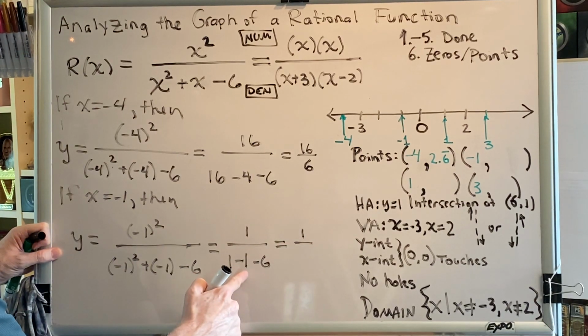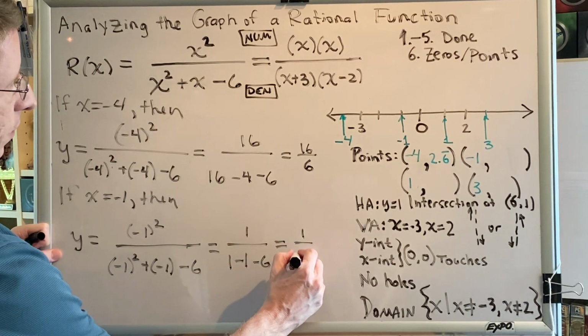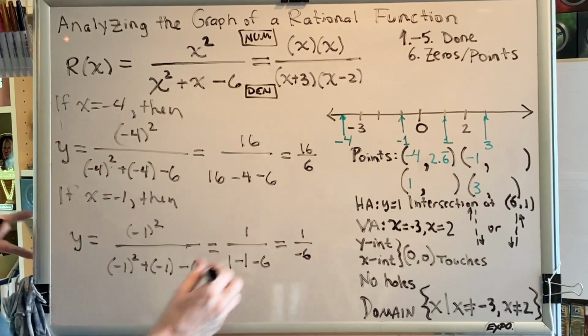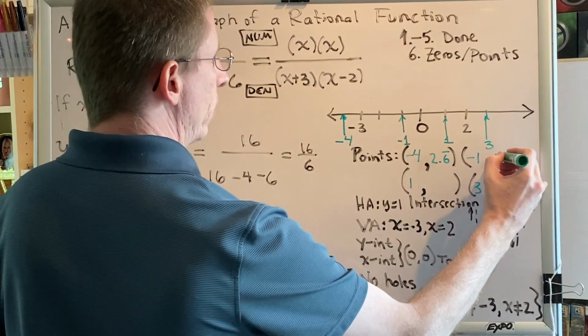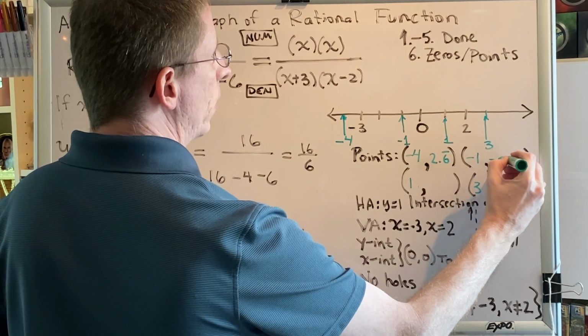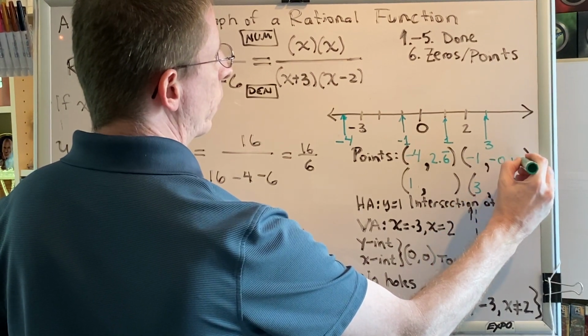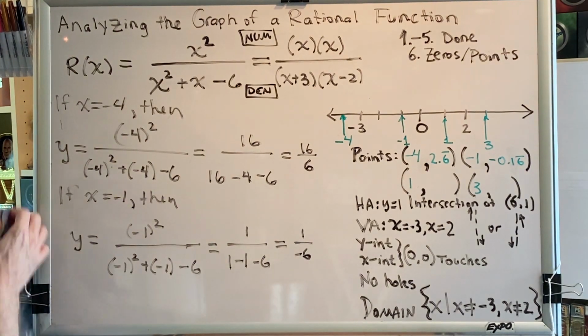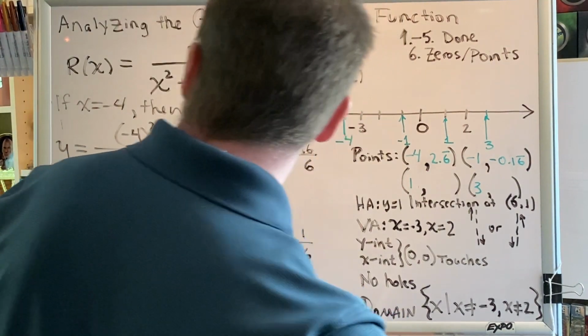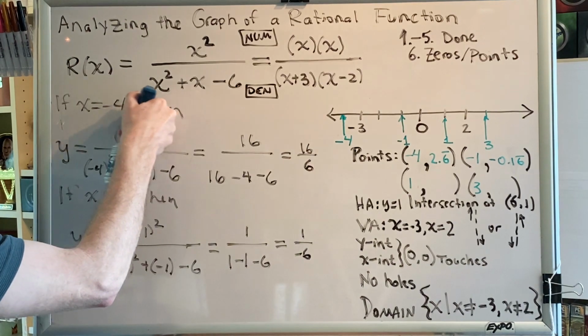So 1 minus 1 is 0, minus 6 is -6, so we get -1/6. When we put that in a calculator, that is equivalent to the decimal -0.16 repeating. So I'll put a bar over the 6. Okay, 2 points left to go. Let's erase to create some space.